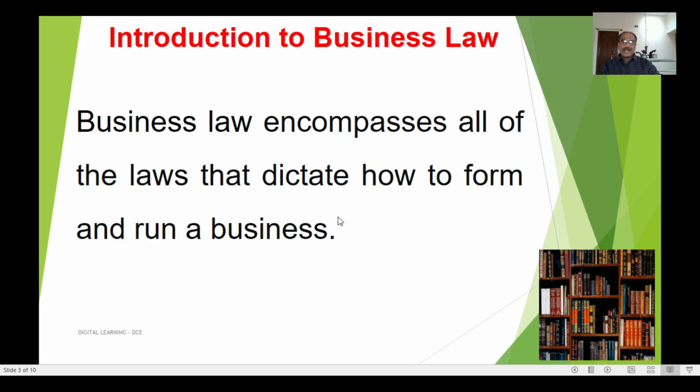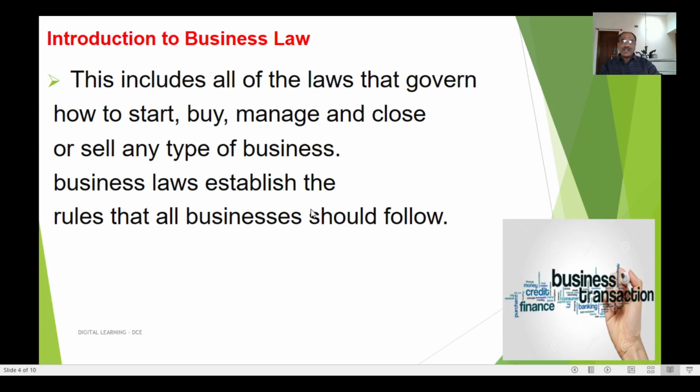Business law encompasses all of the laws that dictate how to form and run a business. It includes all of the laws that govern how to start, buy, manage and close or sell any type of business.